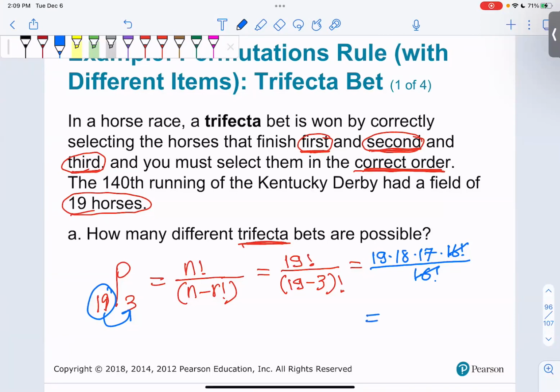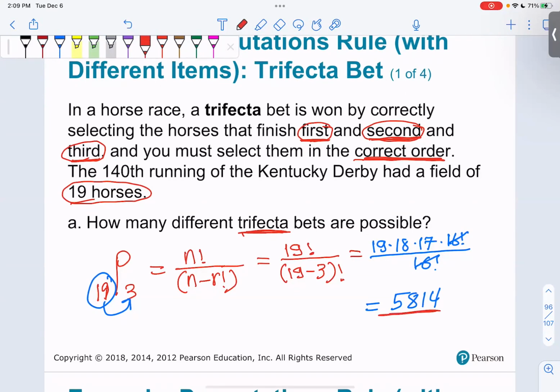This is equal to 5,814. So we have 5,814 possible ways to choose first, second, and third place for this race.